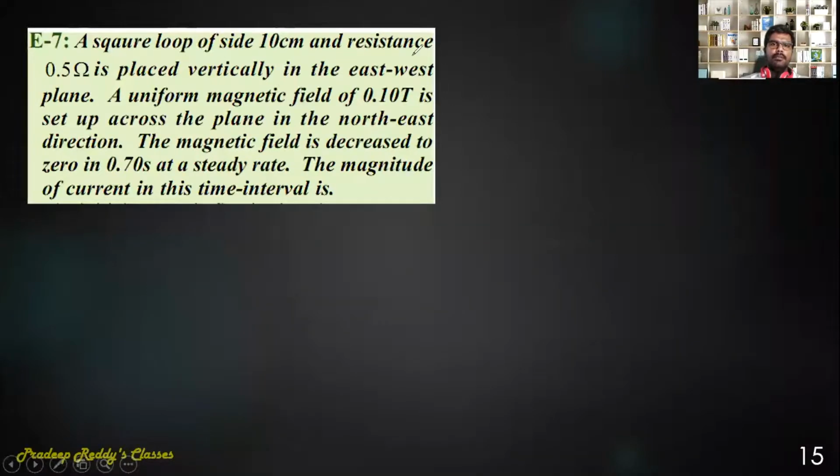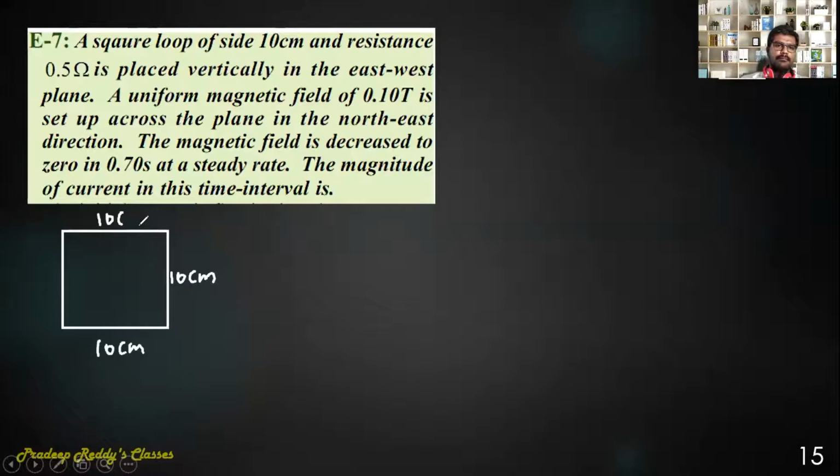A square loop of side 10 centimeter. You have a square loop, its side is given as 10 centimeter, and its resistance is 5 ohm.